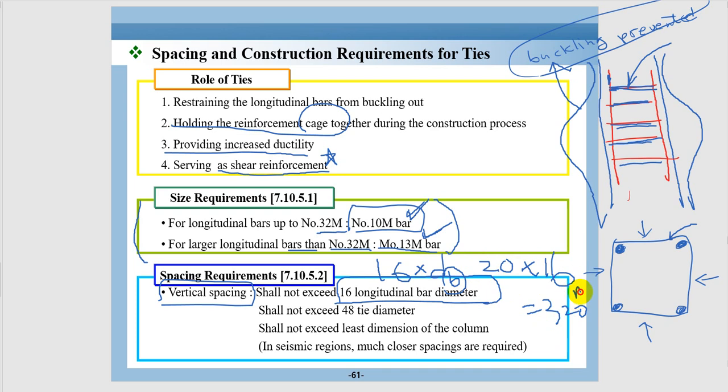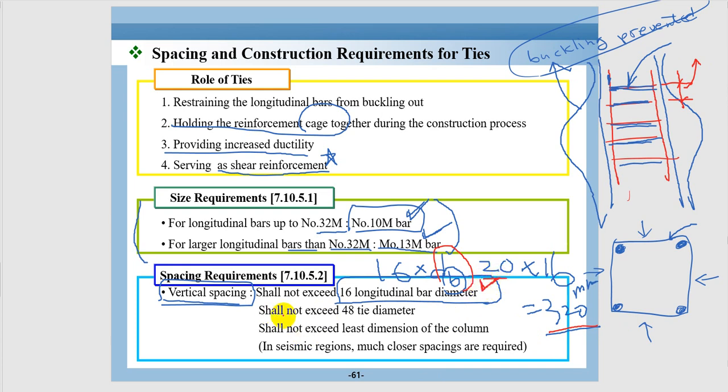So vertical spacing cannot exceed 320 millimeter if your longitudinal bar size is 20 millimeter, by the first requirement. Vertical spacing means this distance here. Do you follow me?